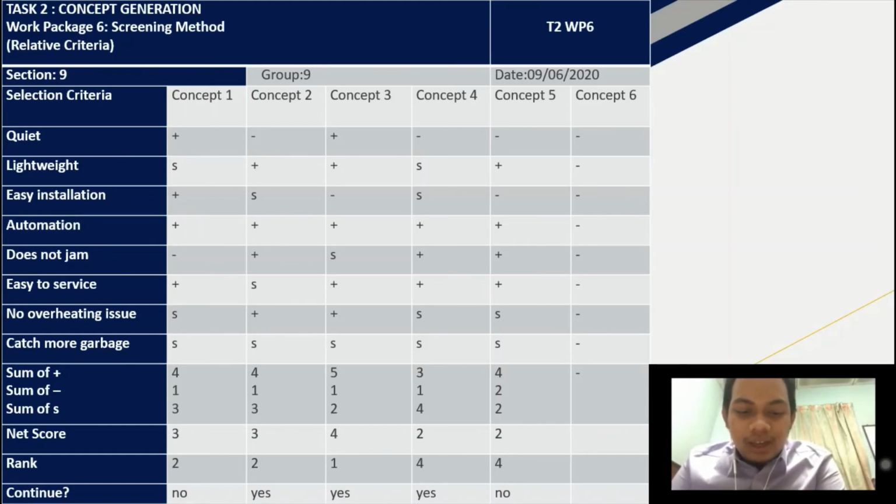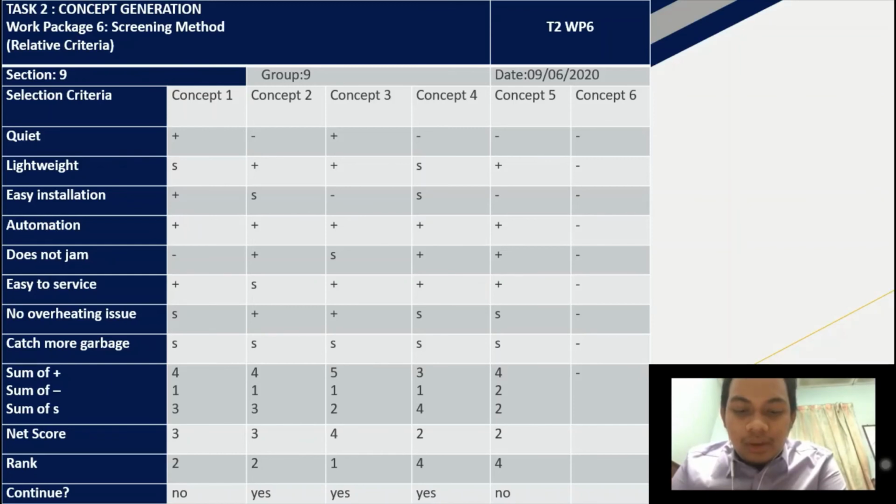To get the net score of each of the concepts, we have summarized the sum of positive, negative and S, and we get that concept 1 is 3, concept 2 is also 3, concept 3 is 4, concept 4 is 2, and concept 5 is 2.